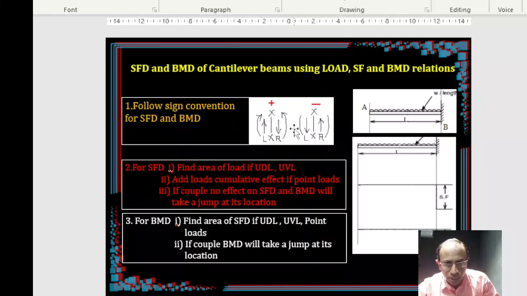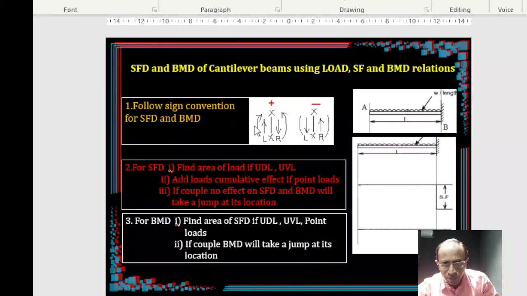The vice versa, in the reverse case: on the left side of the section, if you are having a downward force, then I will be taking that shear force as negative, and on the right side if it is upwards, that is, shear force acting on the right of the section is upwards, then I will also be taking that shear force as negative.